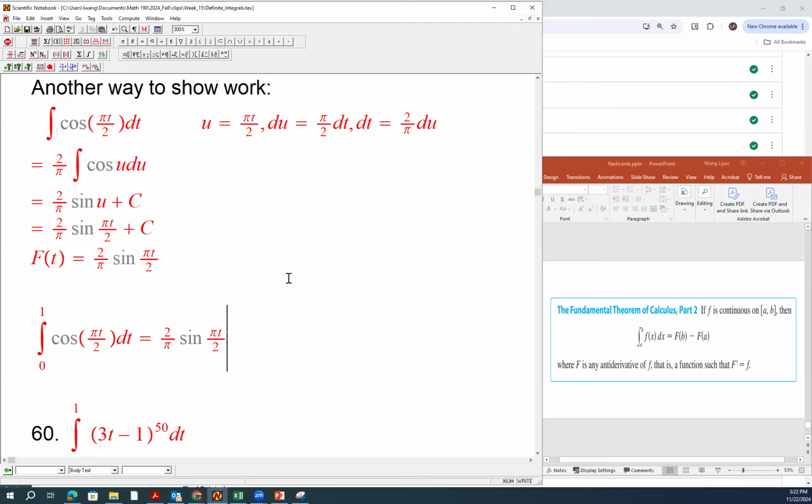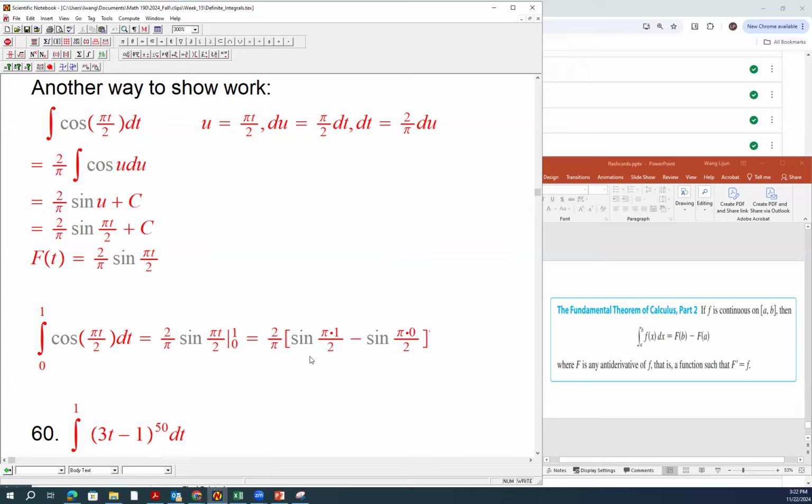So you just plug in: 2 over pi, you leave it out, and in the bracket you have sine pi t, where t is substituted by 1, and the other one, t is substituted by 0.